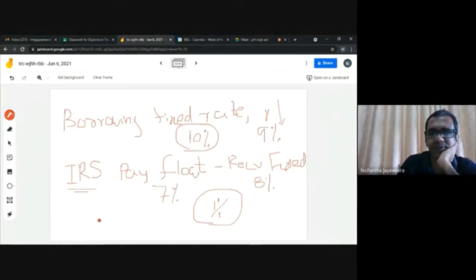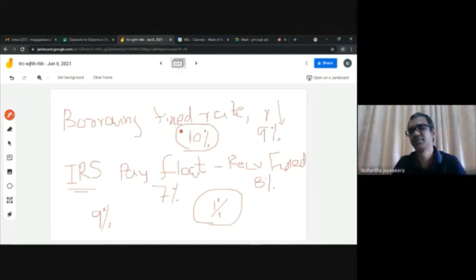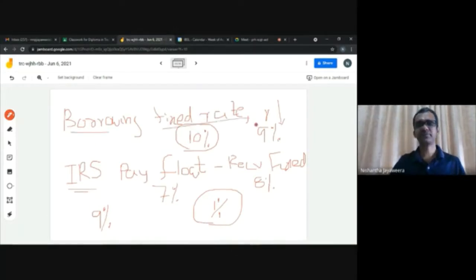Your effective rate would be 9%. Because you can use this 1% flow to pay this your obligation 10%. So you get a reduction in effective rating by 1% to 9%. So that's what happens. If you are a borrower, fixed rate, you go for a pay float.